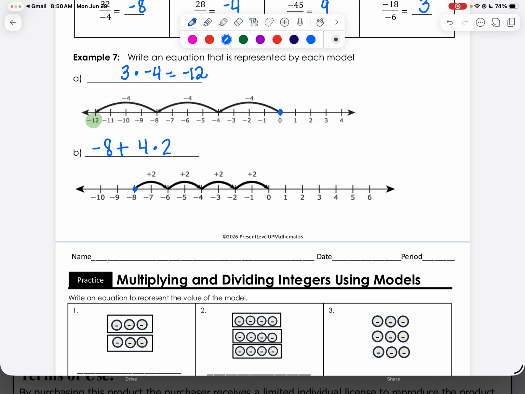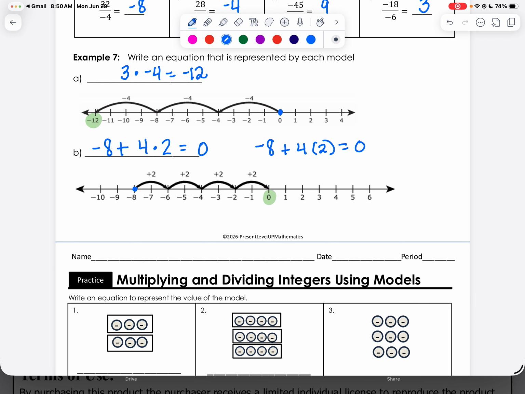So this is -8 plus 4 times +2, and it lands at 0. So that's our solution. Another way you could see this written is -8 plus 4 times 2 equals 0. It all means the same thing.